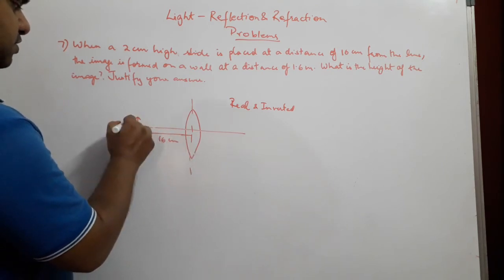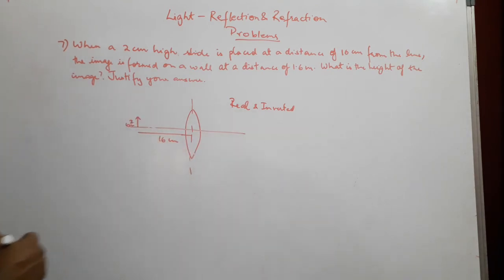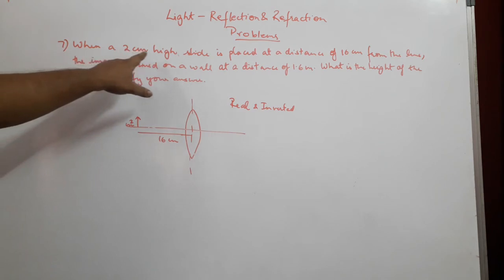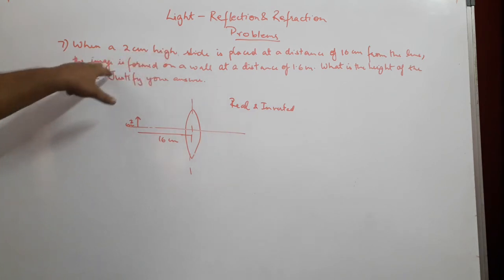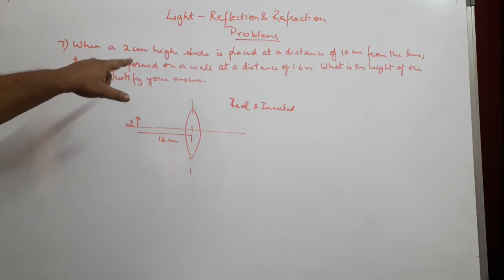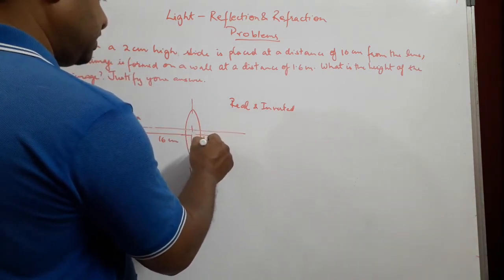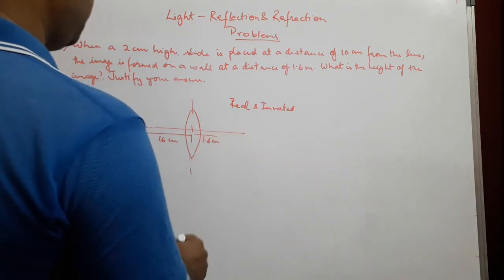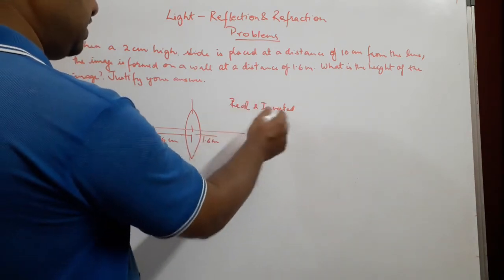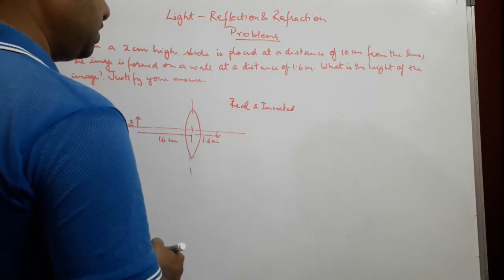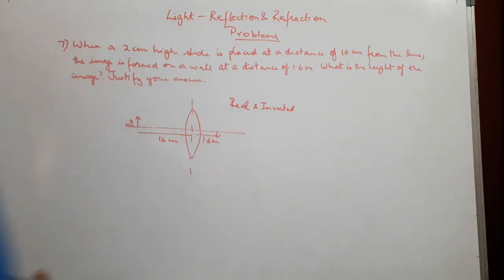The image is formed on a wall at a distance of 1.6 meters. We need to find the height of the image. So we say real and inverted, that means it will be formed somewhere over here. So we need to establish the relationships in order to find out.